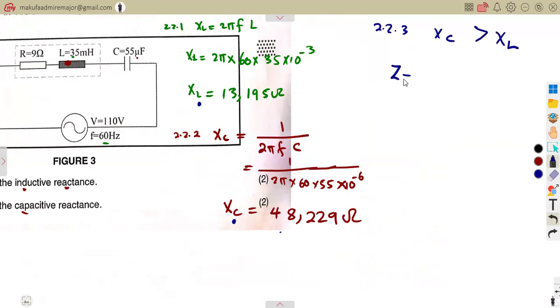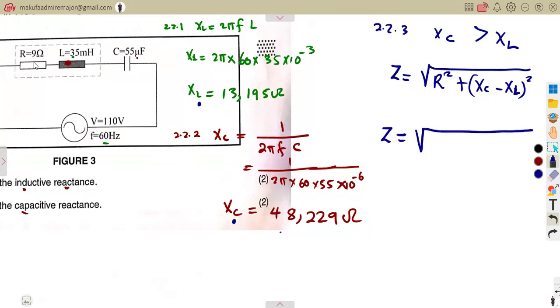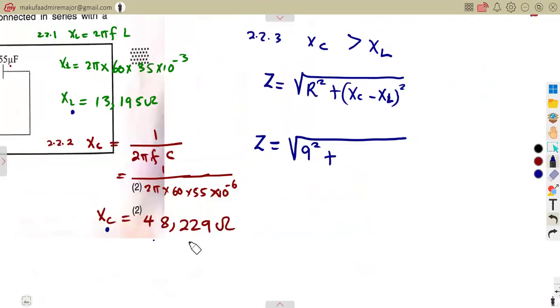So therefore, our Z is going to be the square root of R squared plus XC minus XL squared. If XL was bigger, it was going to be XL minus XC. But in this case, it is XC, which is greater than XL. So that's our resistance, 9 squared plus the difference there, XC minus XL.